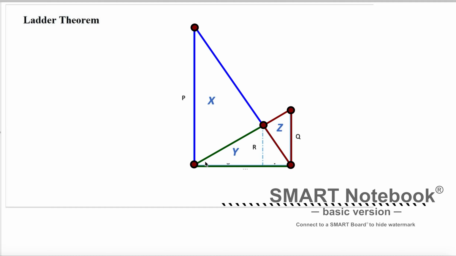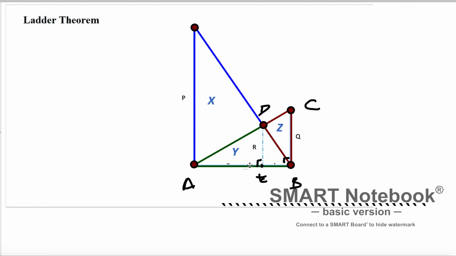If we are looking at this triangle, let me add some more points. Let's say this is A, B, and C, and let's say here is a D. And if we are looking at triangle ABC and triangle ADE, those triangles are similar because they share the same angle here, and because those are two parallel lines, and this one is a 90 degree angle inside.